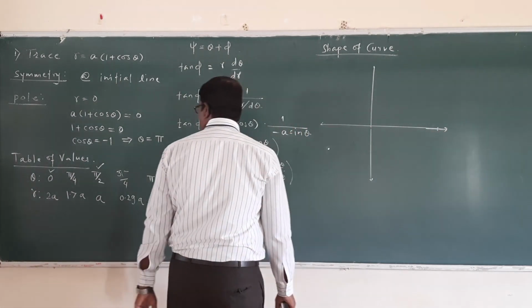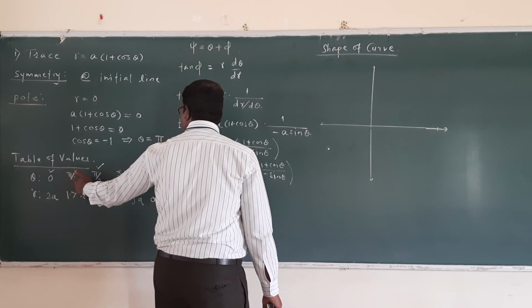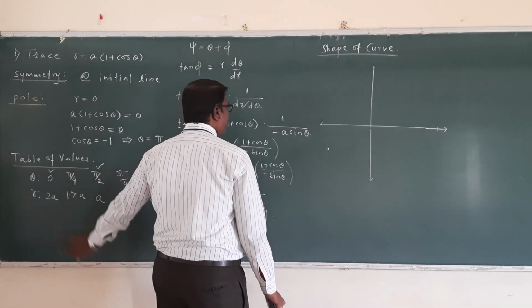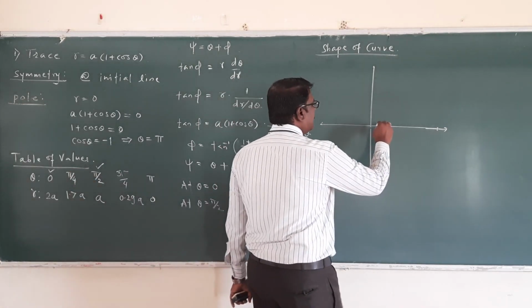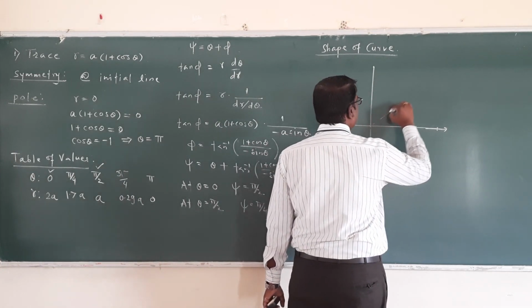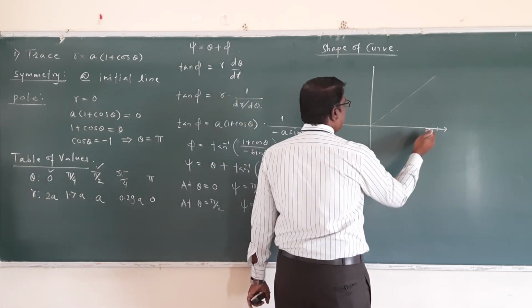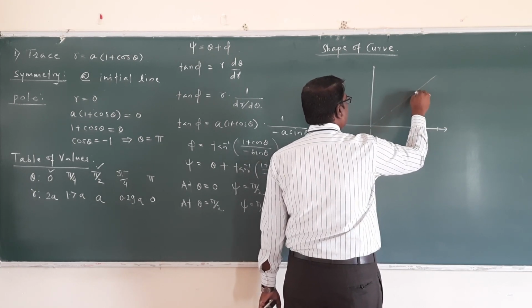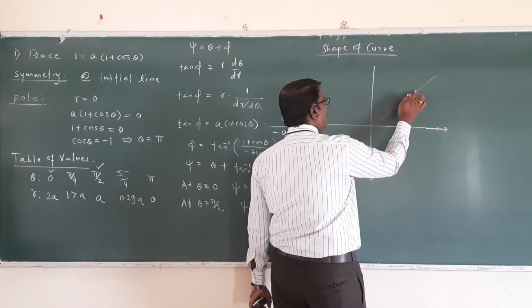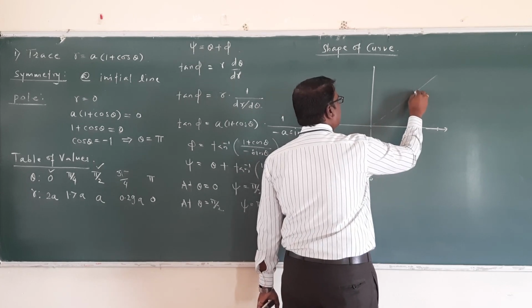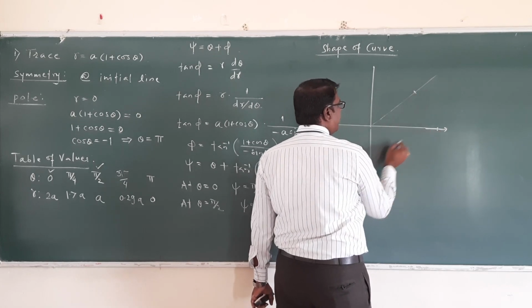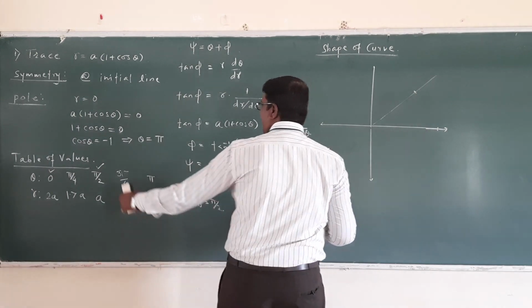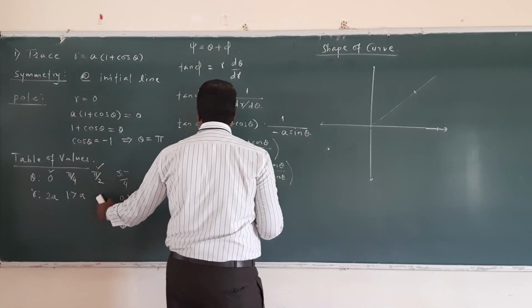The next point is on the line theta is equal to pi by 4, the value of r is 1.78. So theta is equal to pi by 4, this is the line. On this line the value is 1.78. So maybe this distance from the pole is 1.78 because this is 2a. Next point is on the line theta is equal to pi by 2, r is a.